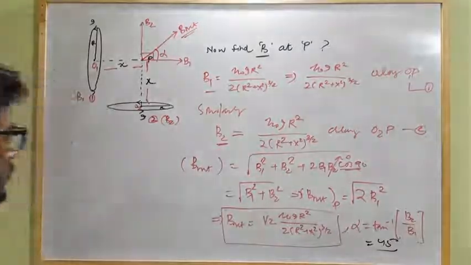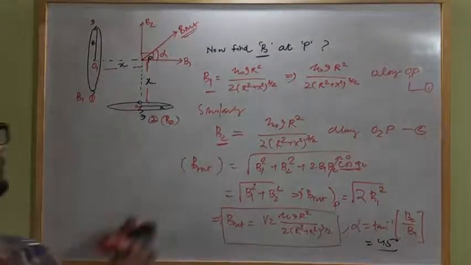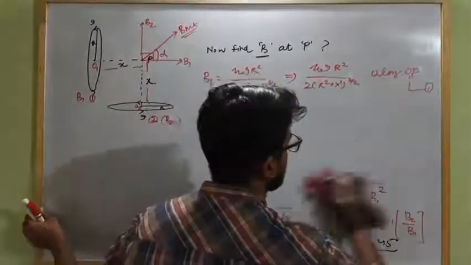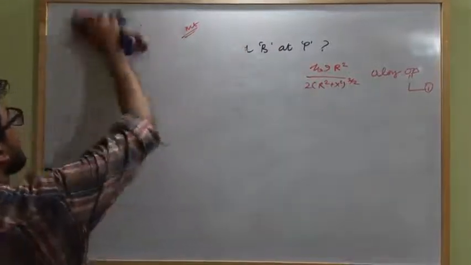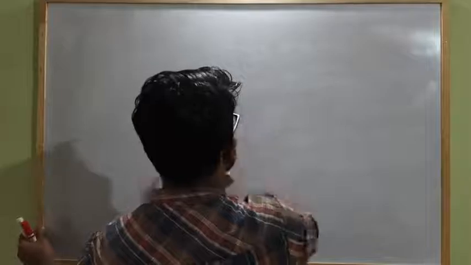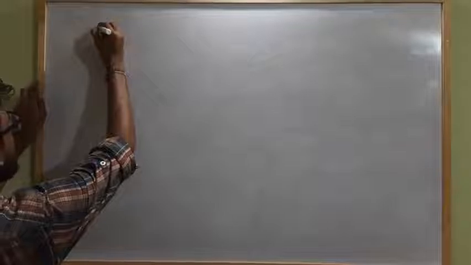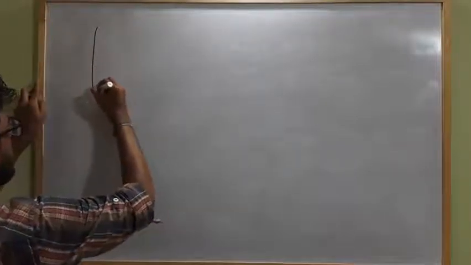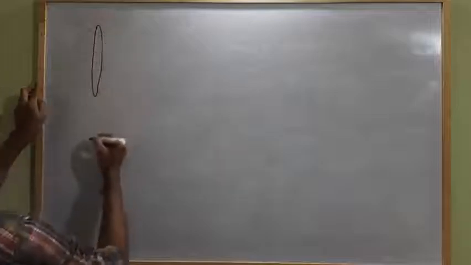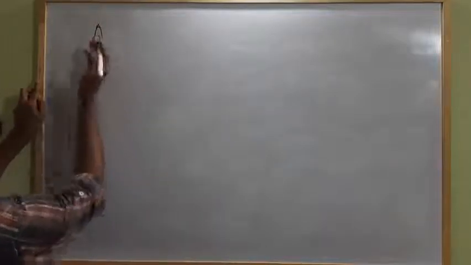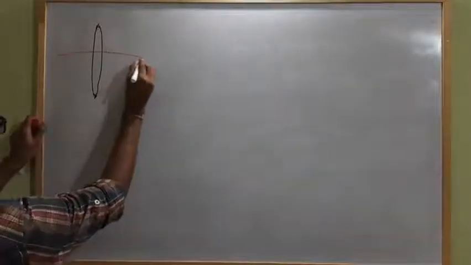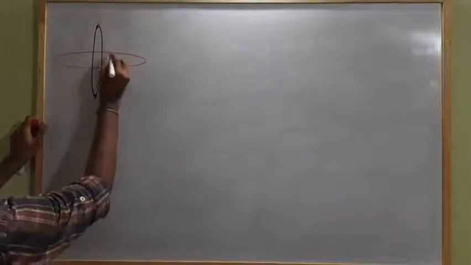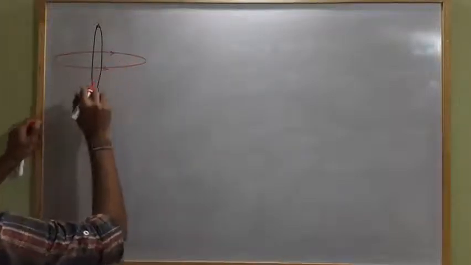Understood? So now let's do another question. If two coils are like this, here is a coil carrying current in this direction like this, and here is another coil which carries current in this direction like this.